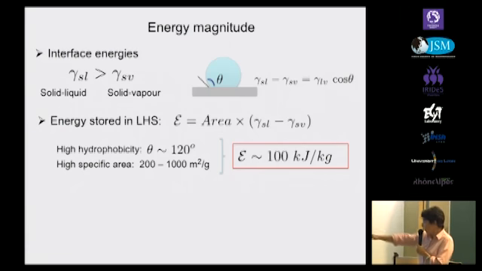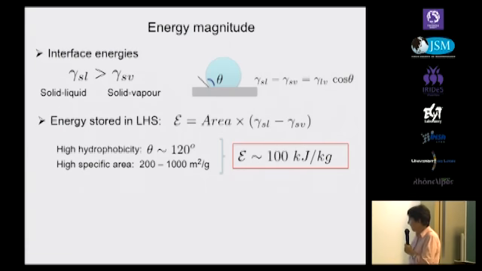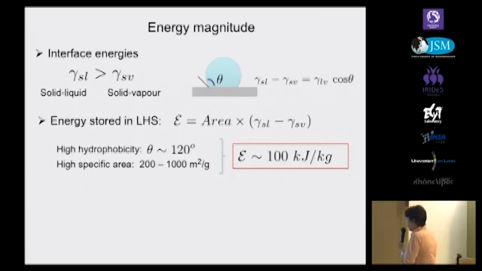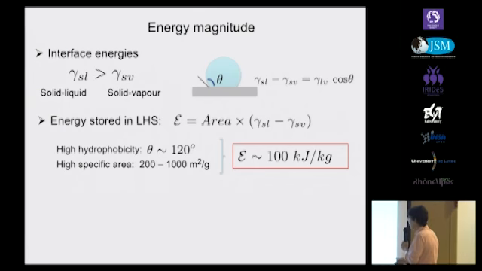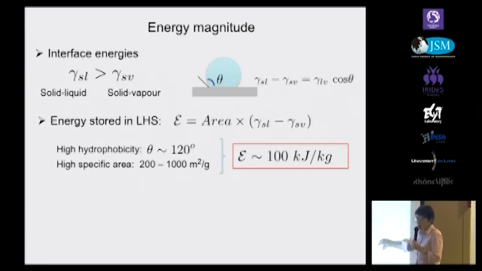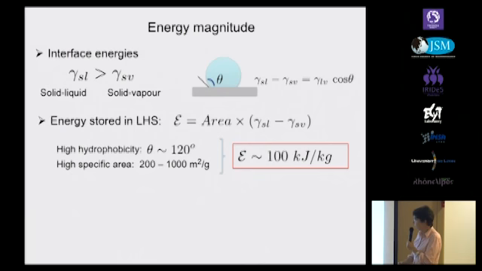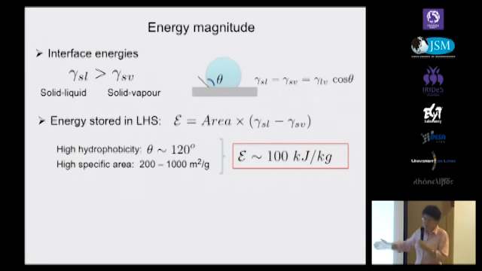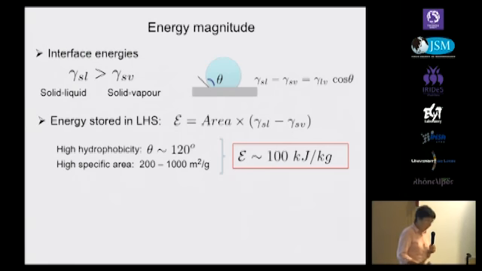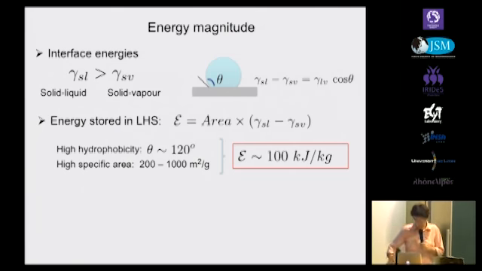Putting all this together, it gives an energy of 100 kilojoules per kilogram of stored water. I want to emphasize that this is a reasonable energy concentration. It corresponds to a gravitational energy of 10,000 meters, which means water raised above the altitude of Mount Everest.